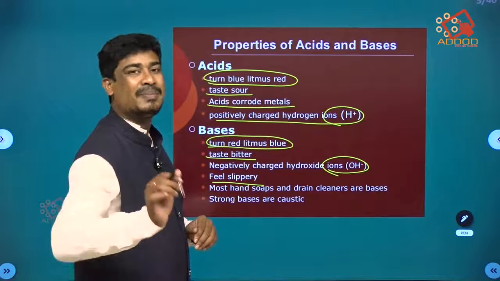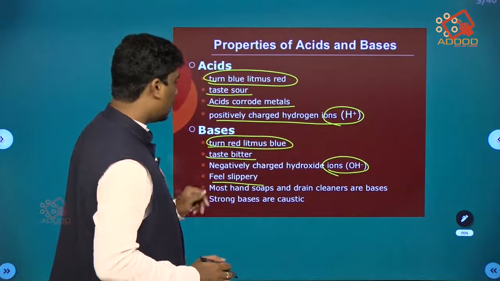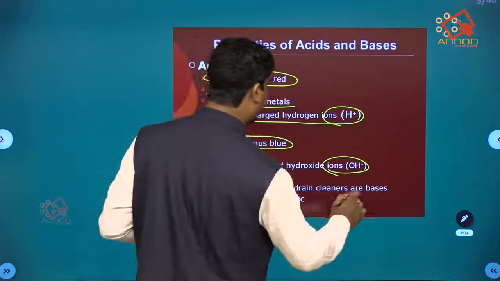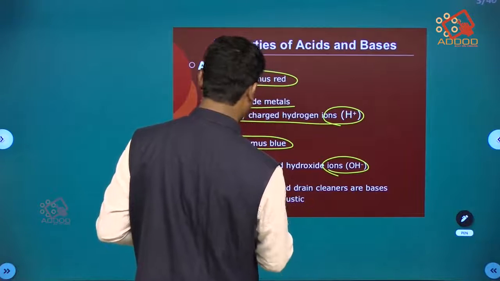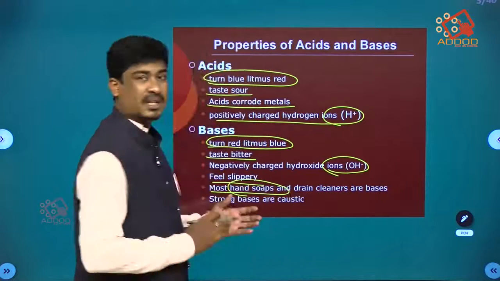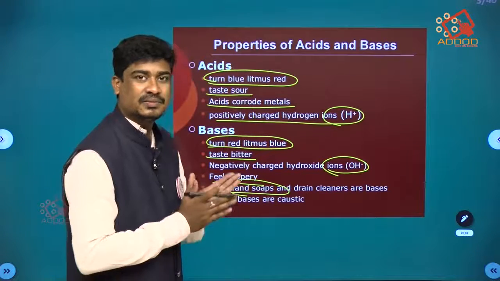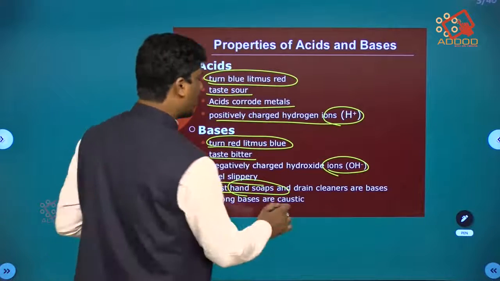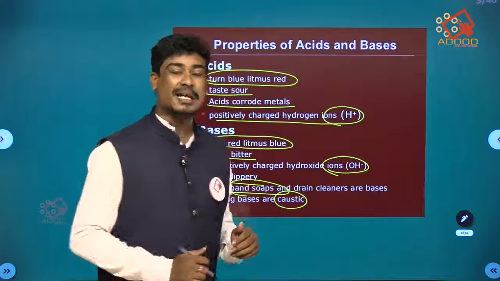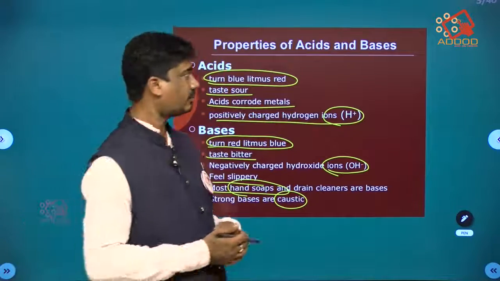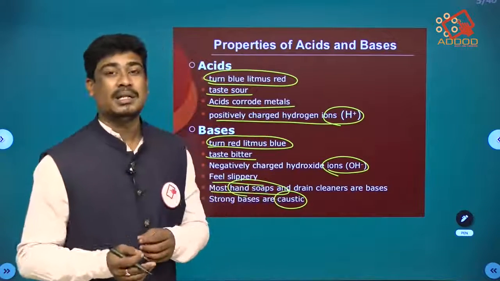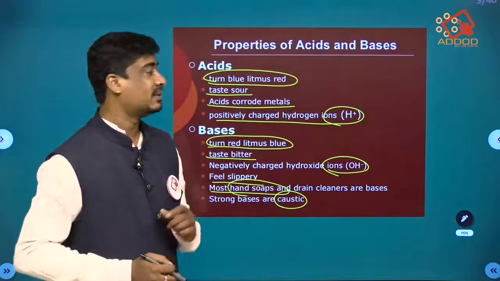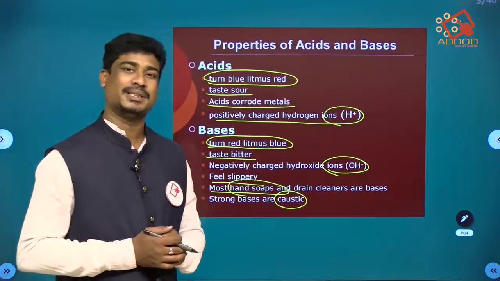Most hand soaps and drain cleaners are bases. Hand soaps are basic in nature, while strong bases are caustic. This is about some small important properties of acids and bases.